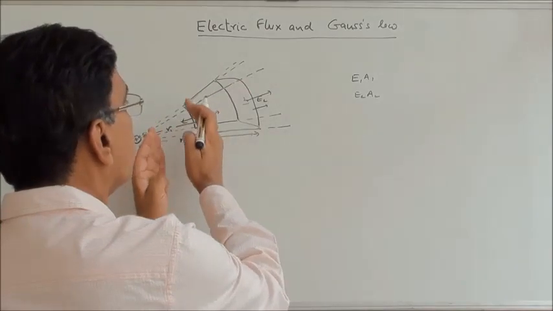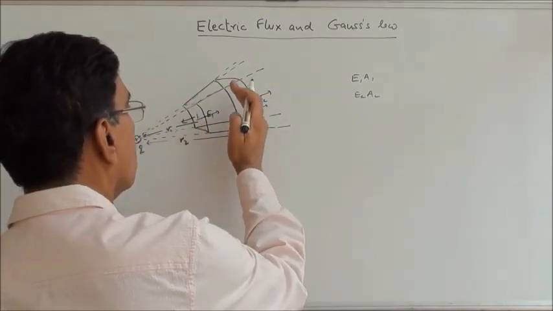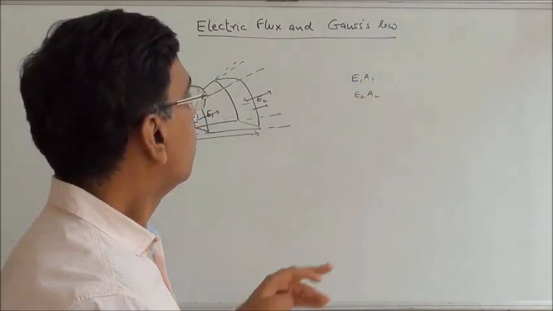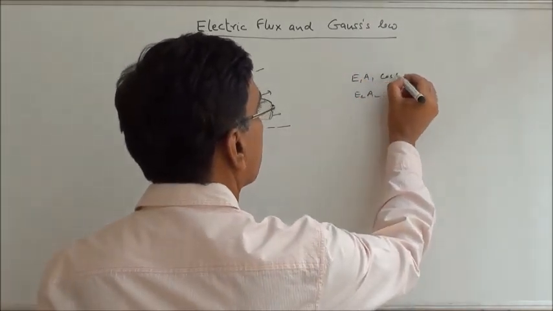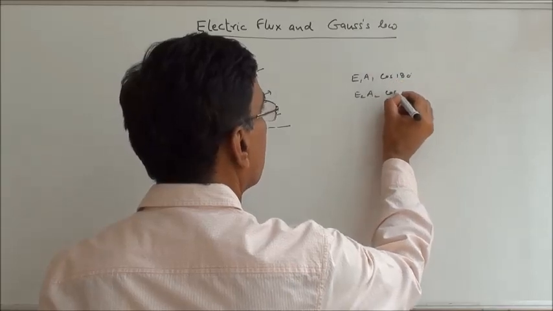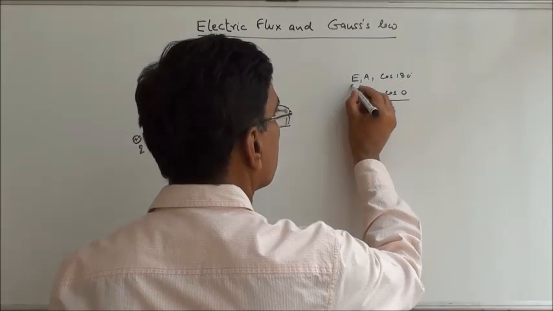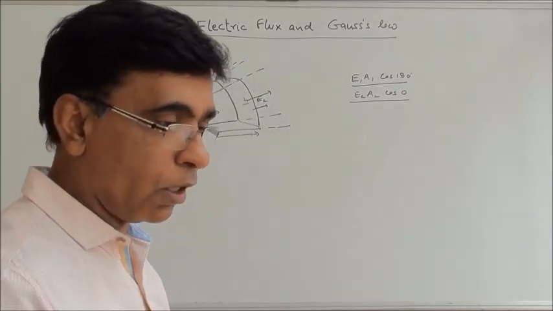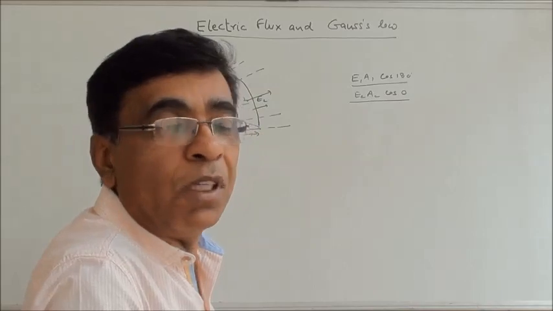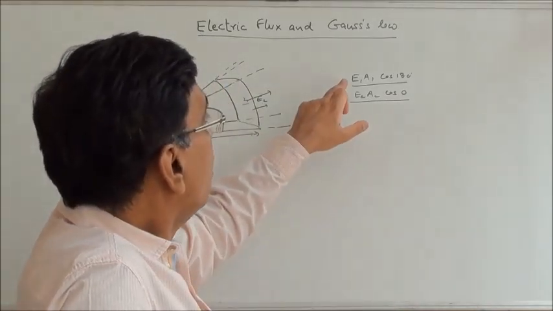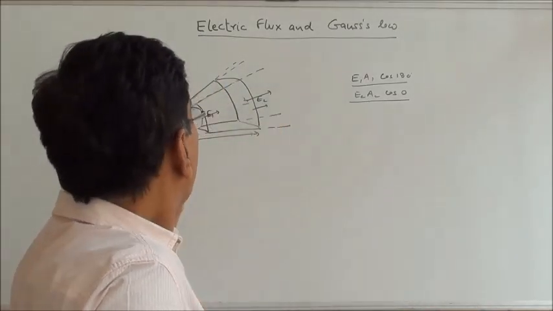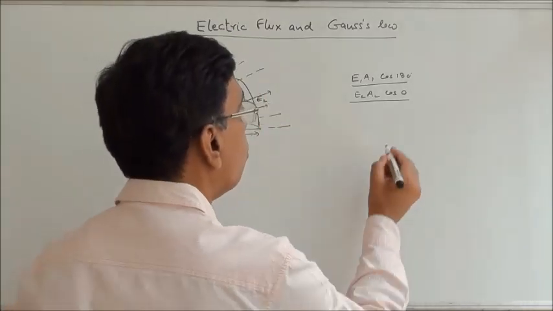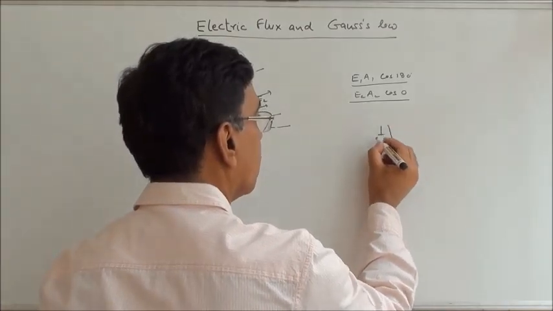So for these 2 surfaces, this side area vector A1, there A2. So here it will be cos 180 and here it will be cos 0. Now one very important point that I want to tell you here is electric field, as we move away from the charge, decreases as 1 by r square.